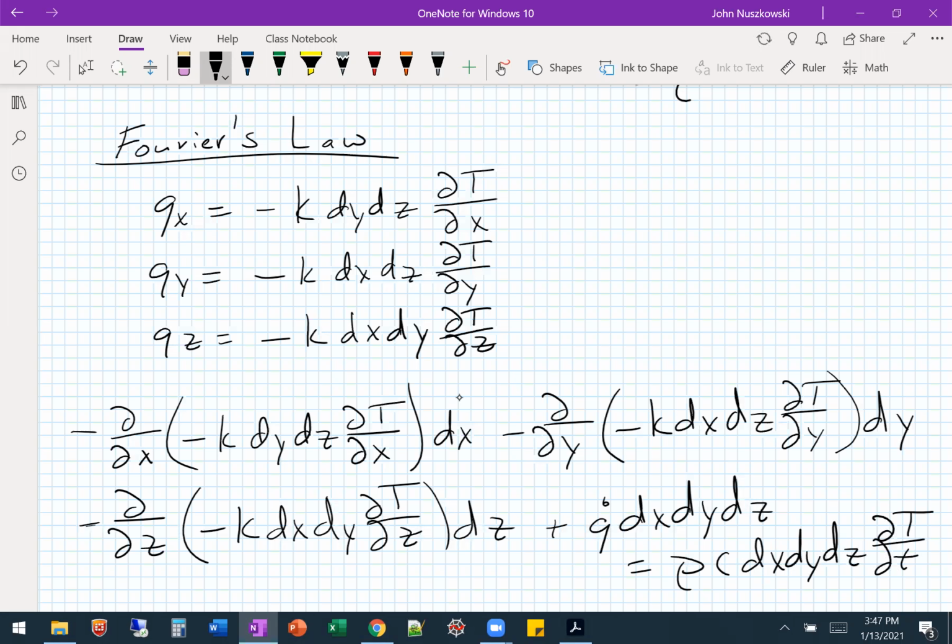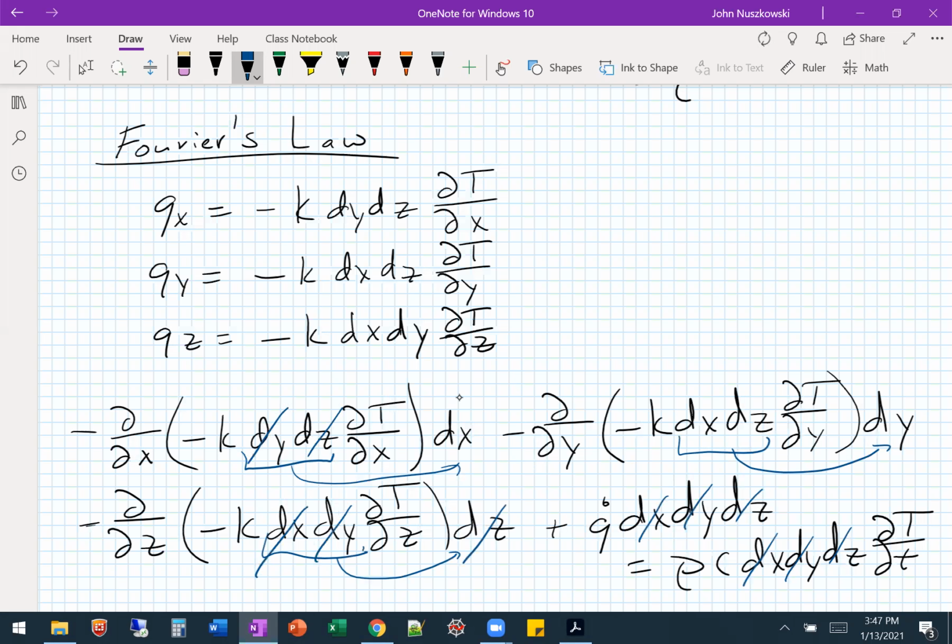All right, so next thing, what can we cancel? Volume. Yeah, the volume, right? So what we see here is this cross-sectional area does not change along x, right? It's the same cross-sectional area as you go through that little cube. So that can get pulled out of this partial, right? Same with this one, can get pulled out here. So that means dx dy dz is everywhere, and we can cancel it. Okay.